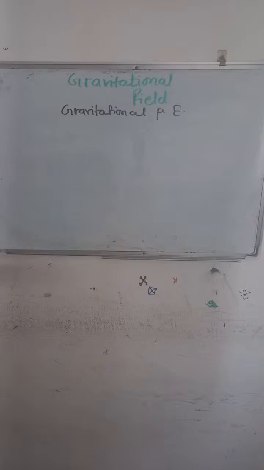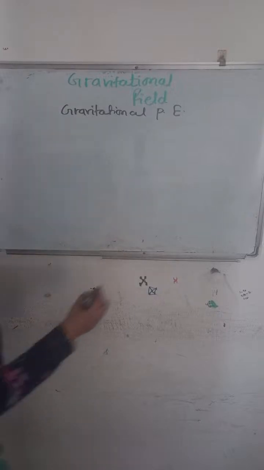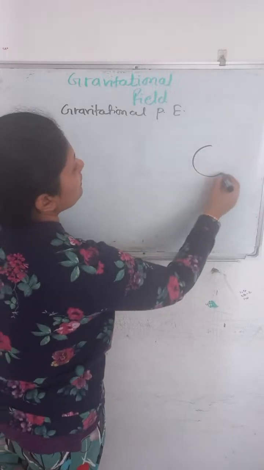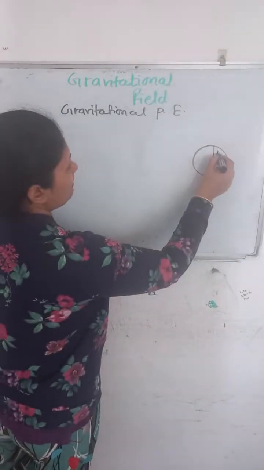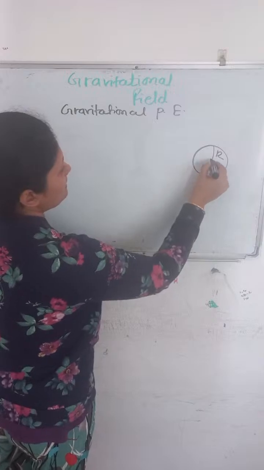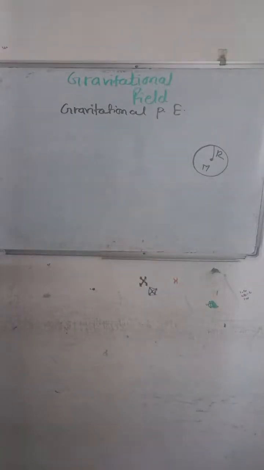So suppose here we have the earth, whose radius is capital R and whose mass is capital M.